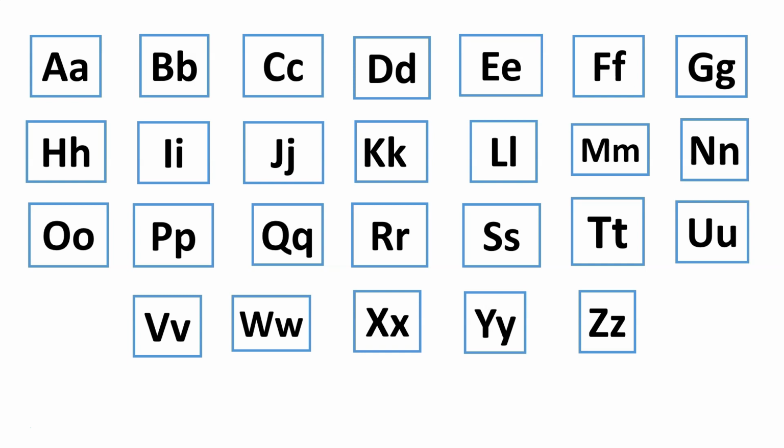That different name is called a phonic name or phonic sound. It means to call that letter, we use different sounds, and that sound is nothing but the phonic sound.